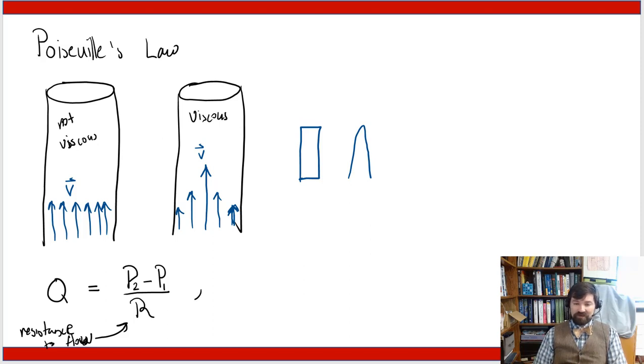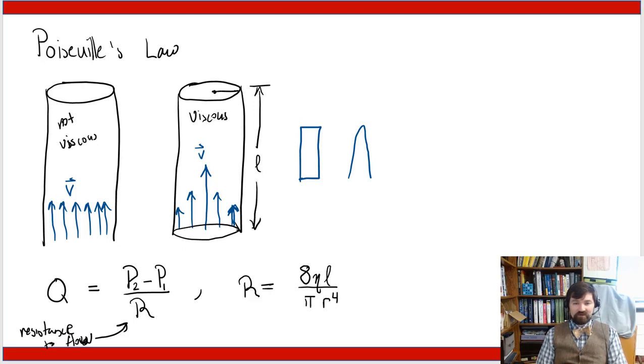It turns out that this resistance to flow is given, for a cylindrical tube, by 8 times the viscosity of the fluid times the length of the tube divided by pi times the radius to the 4th power of the tube. So if this is one end of the tube and this is the other end, the length would be this distance right here from end to end.